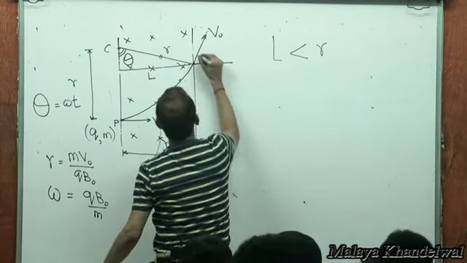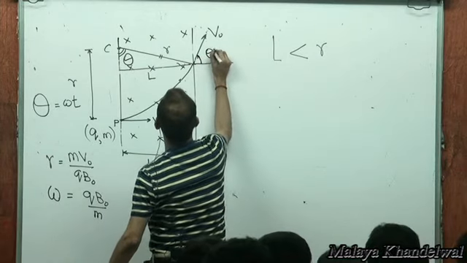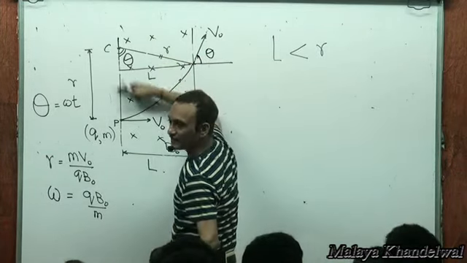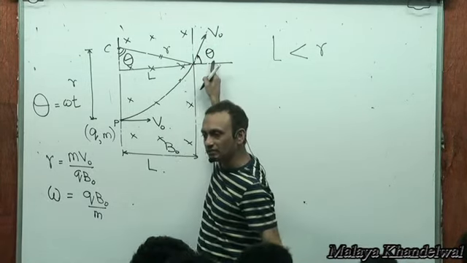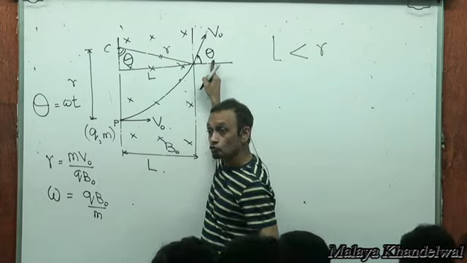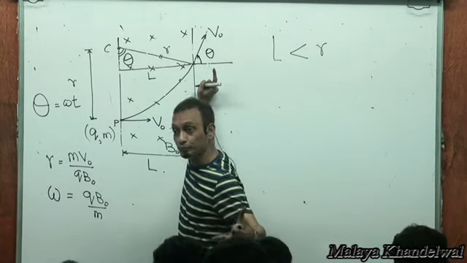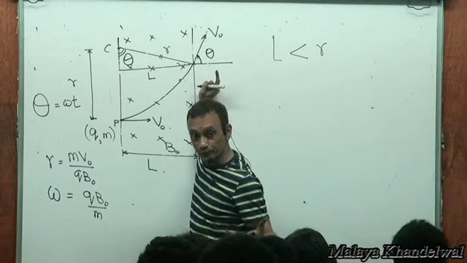Now V makes an angle theta with the horizontal, isn't it? If the radius makes an angle theta with the vertical, a tangent at that point will make an angle theta with the horizontal, right? So theta is the angular deviation produced.